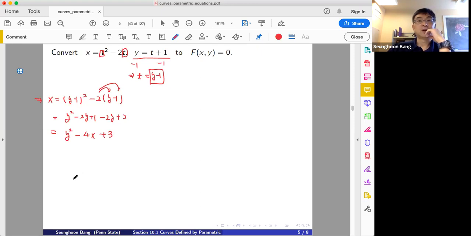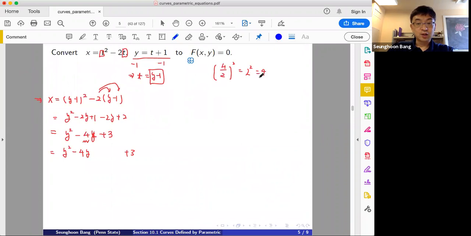Next, I want to change this to standard form by completing the square. The coefficient of y is 4. You always divide the coefficient of y by 2 and square it. Exactly, 2 squared is 4. The 3 is given.